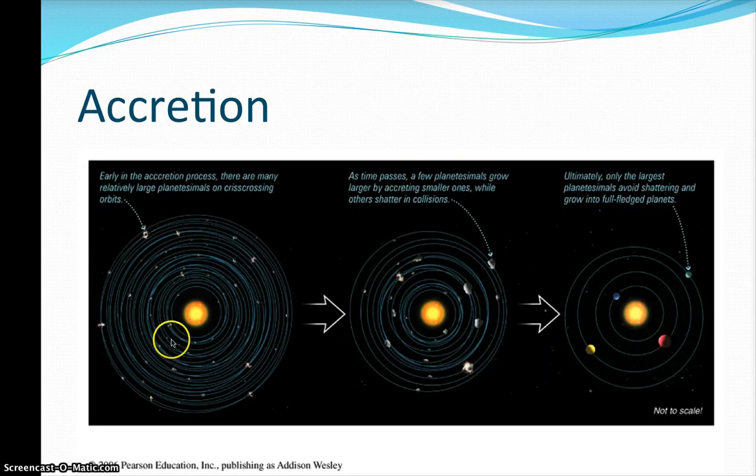As the accretion process took place, we started off with lots of very small objects orbiting around the sun, but as the material started to stick together, it started to clear out, and instead of having lots of little small objects, we ended up with very few very large objects, and those became our planets. In their beginning formation, we call them planetesimals, to emphasize the fact that they're not in their final form.